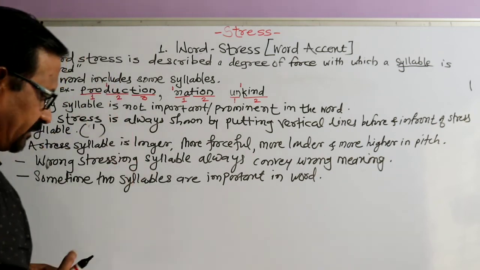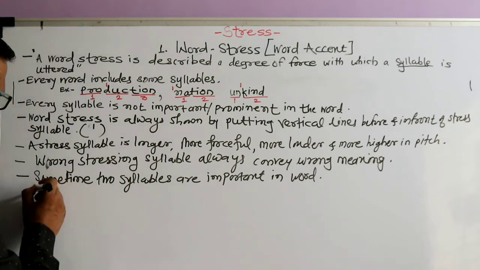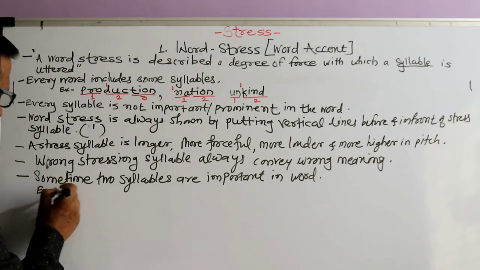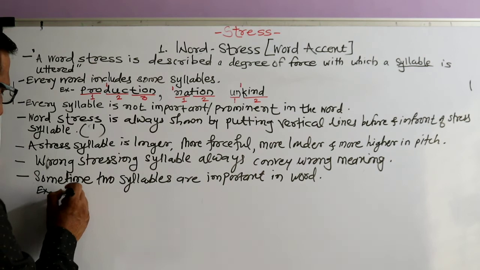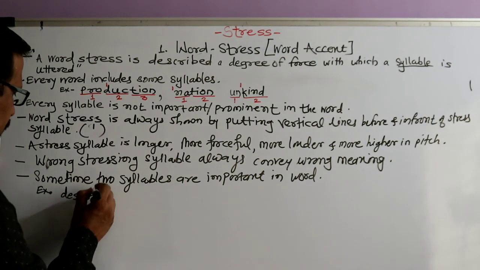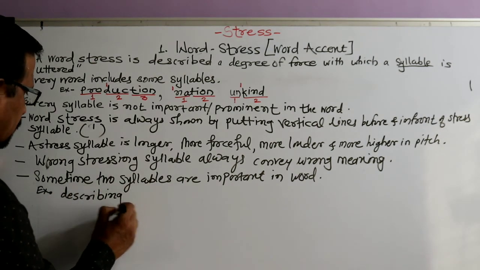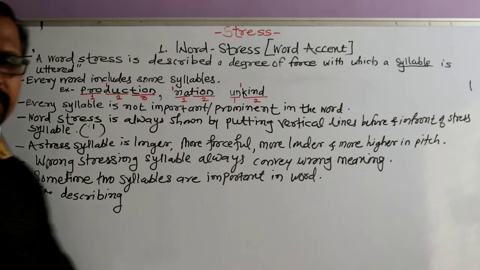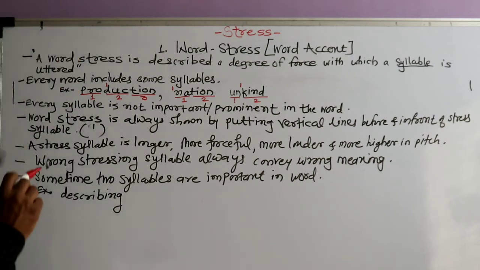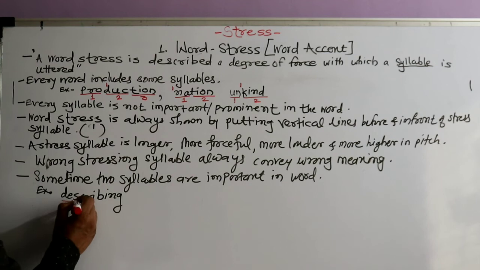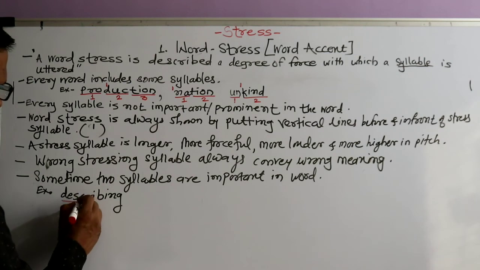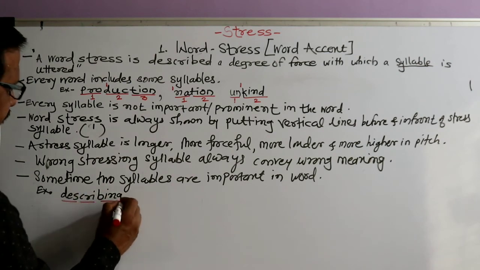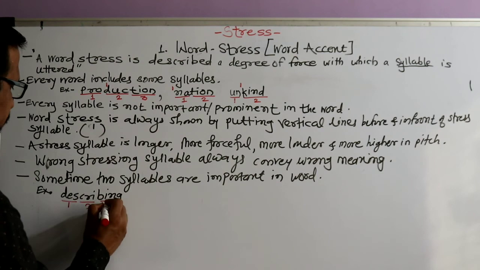We will take one example first. For example, the word describing has three syllables: dis, cry and bing, 1, 2 and 3.